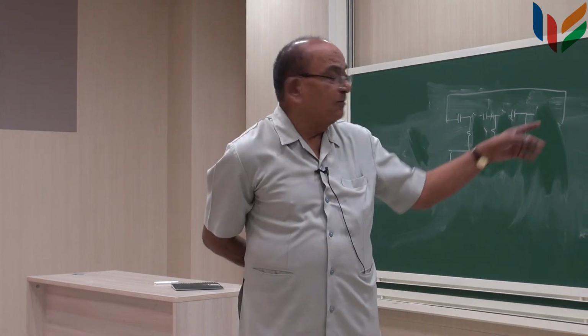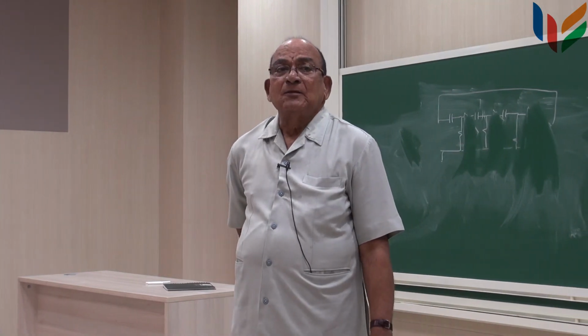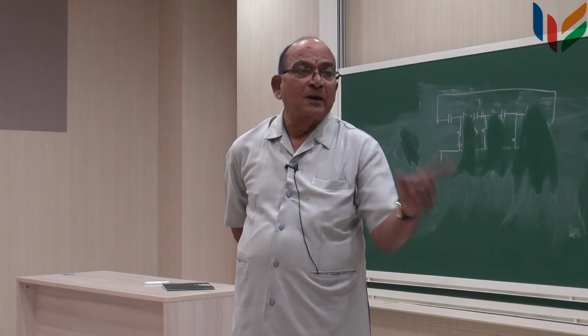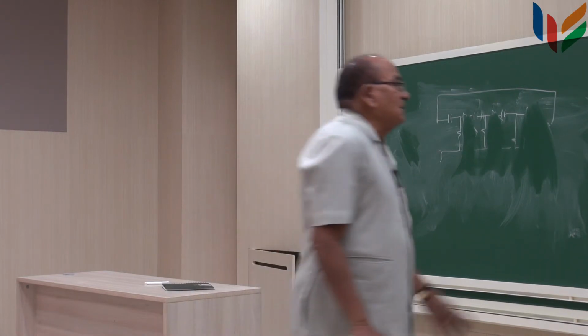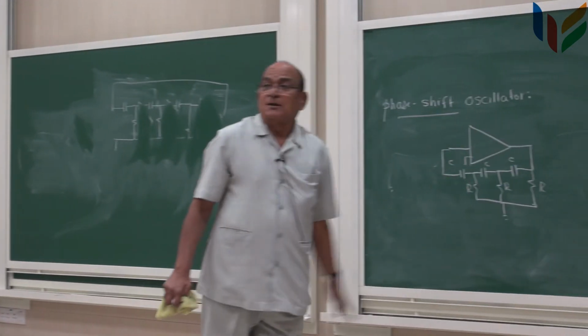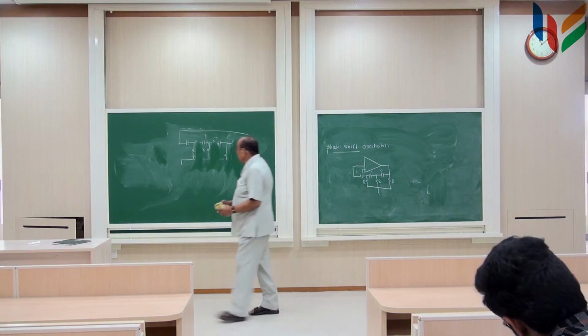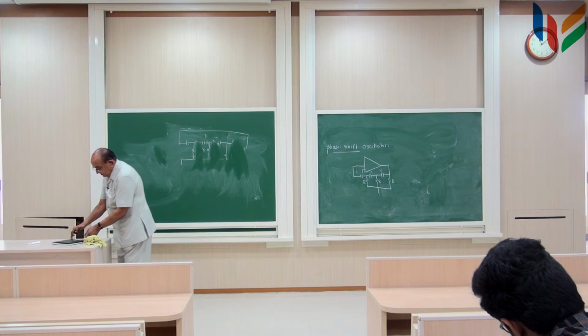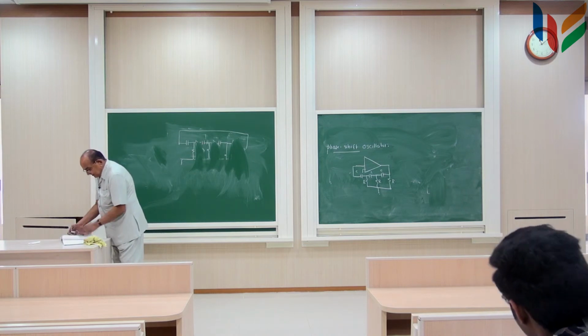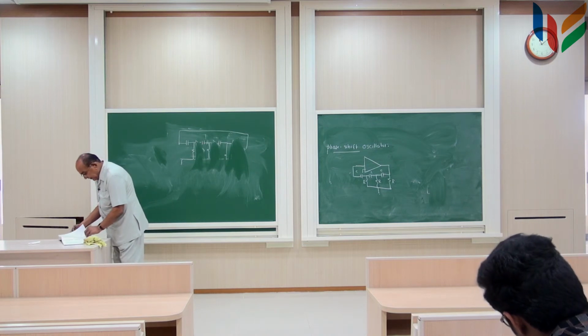So A obviously should be an inverting amplifier to get a minus sign there, and then this network provides the remaining 180 degrees. If you do a similar analysis, it is a bit longish to go on doing it here.